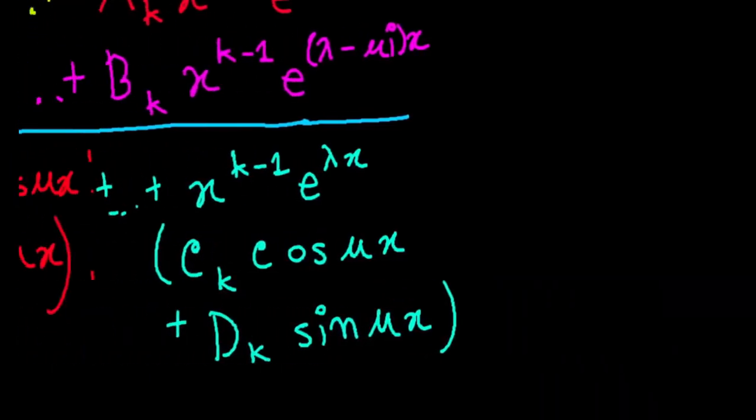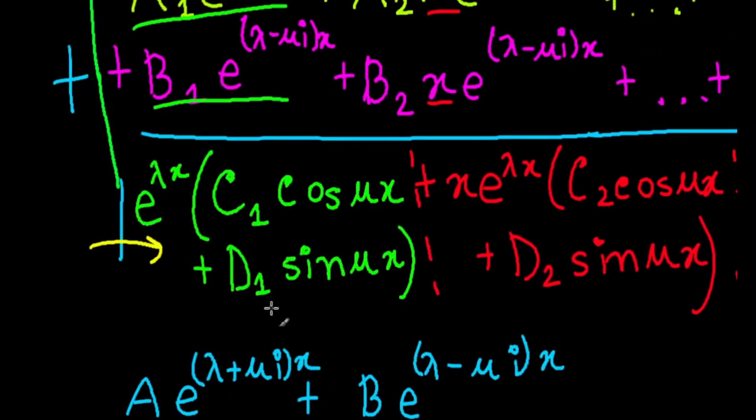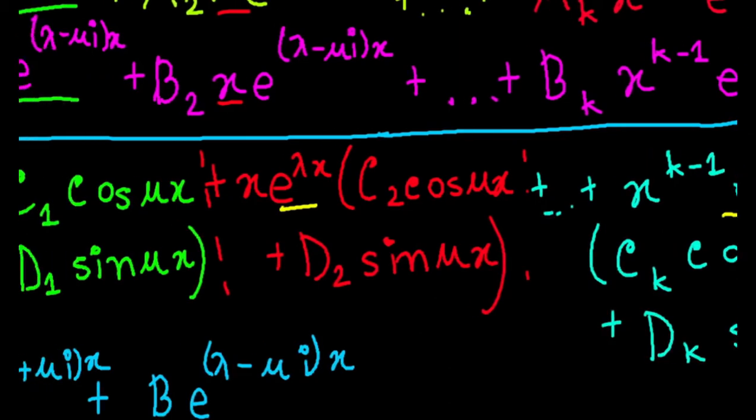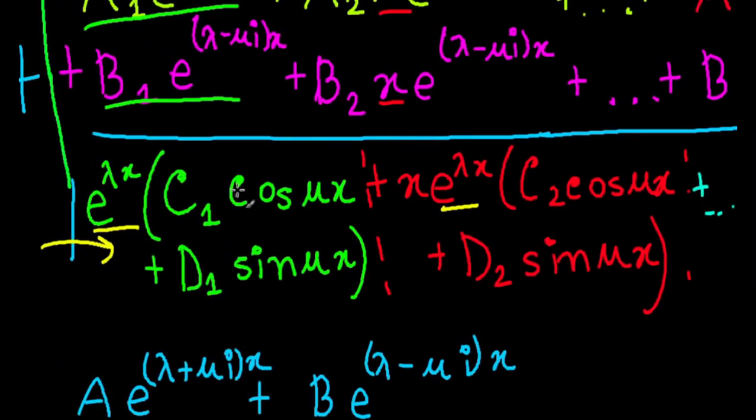As you can see, e to the power lambda x, because all the solutions have the same real part, is a common factor of all of these terms. You can factor out this whole thing, and also decide to group the cosine and the sine terms of these individual parts. You're definitely going to have to care for the x terms here.